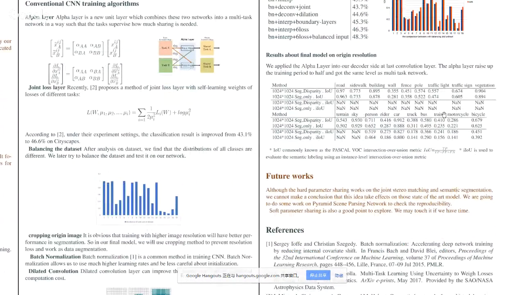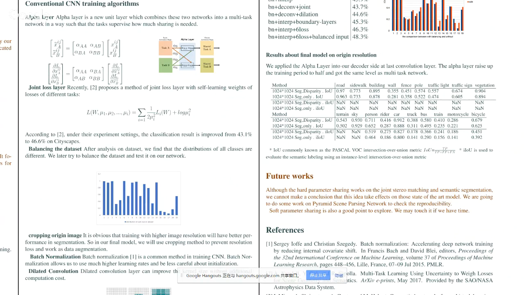Okay. In conclusion, in this experiment, we start from a typical stereo matching network, which is FlowNet, to do the multitask learning. And it is possible that we cannot get a higher score on the segmentation.